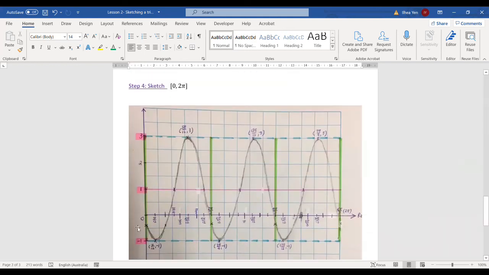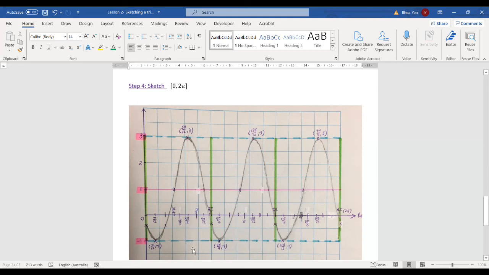Okay, because it starts from 0, finish to 2 pi, and use your pencil, smooth it up. Okay, so I just indicate the maximum points and minimum points. Of course, you do not need to put all these little scales on this, because it's sketching, not graphing, but I put that in there for your better understanding, clear vision of where your graph should be.